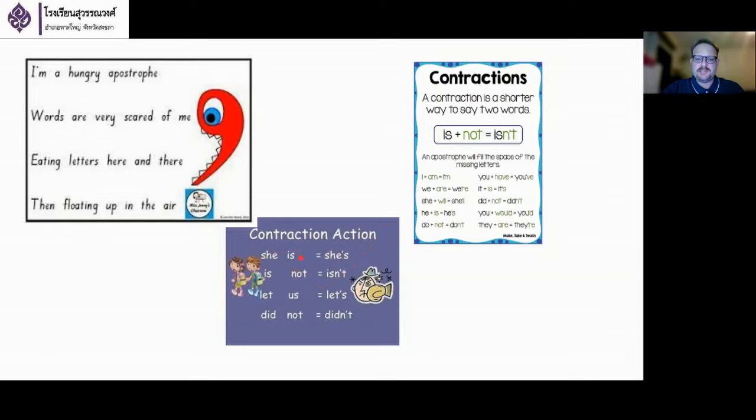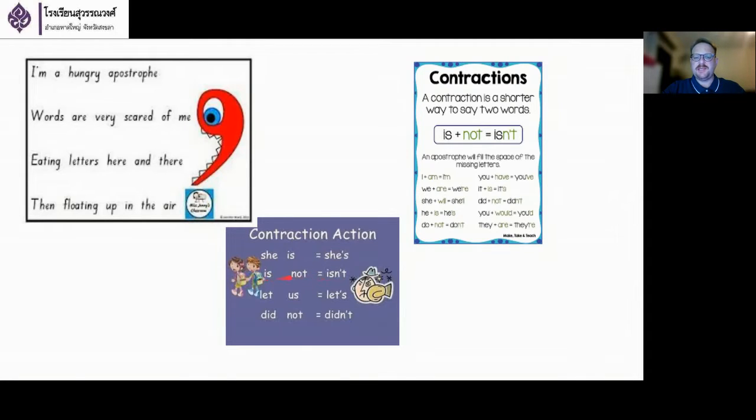She is equals she apostrophe S. She's. She is the original two words. She is going to the store. She's going to the store. Is not. He is not nice.